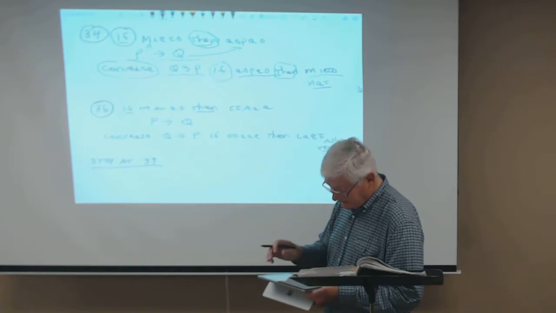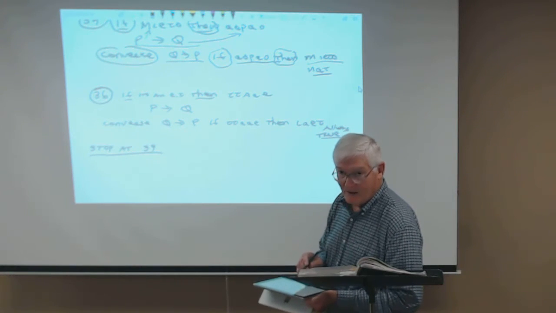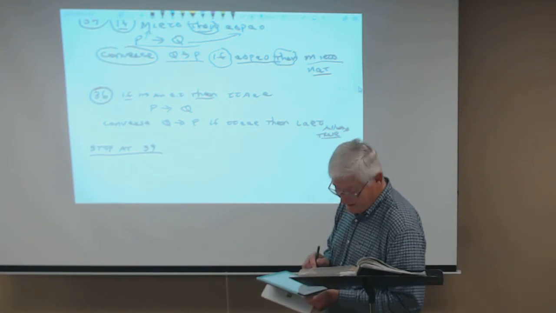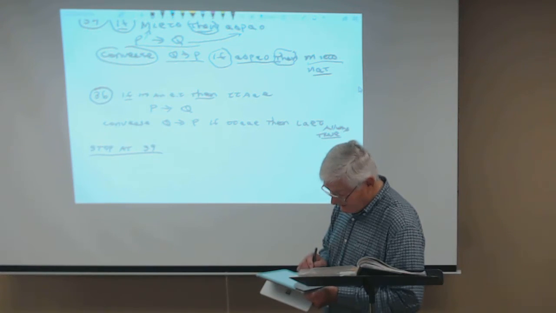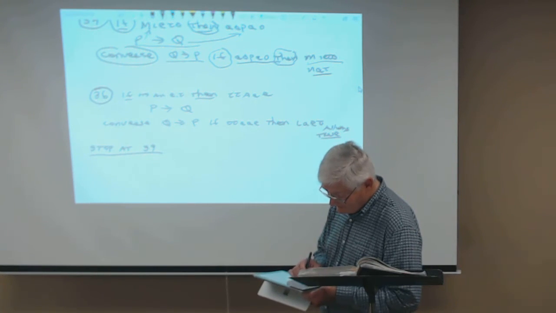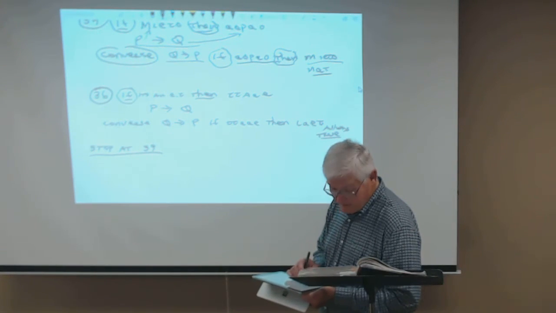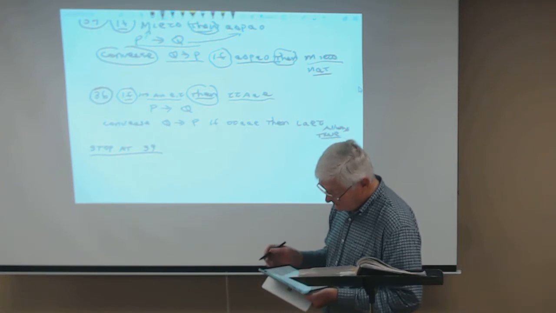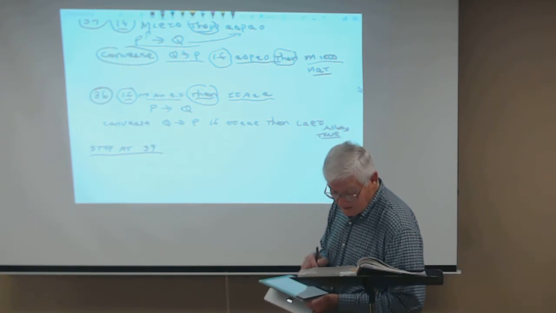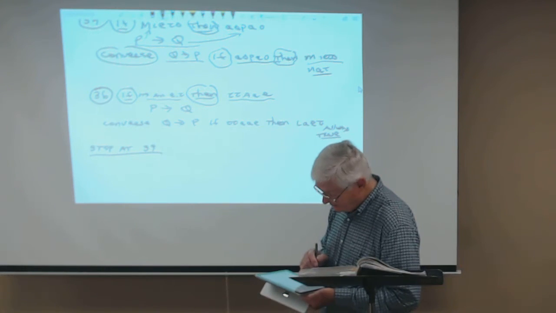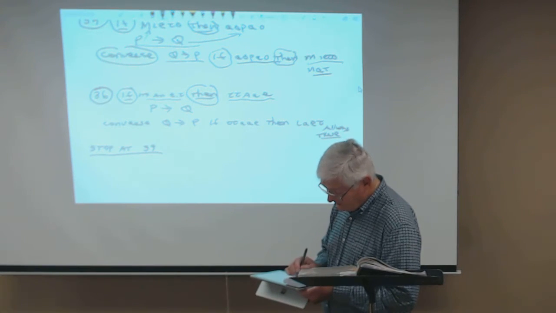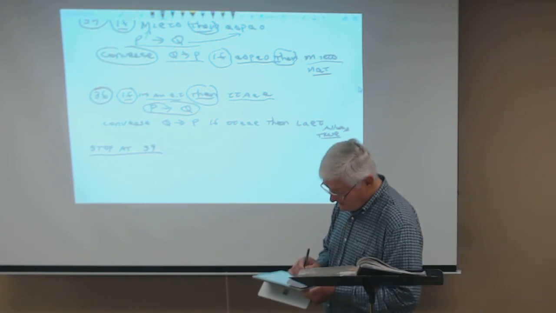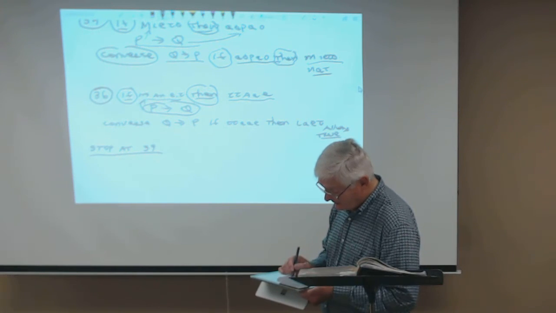Number 36. Aren't you glad to see that? Stop at 39. Number 36. If it's an equilateral triangle, then the three angles, what does it say? The three angles are equal. So here's if P then Q. P is equilateral triangle.